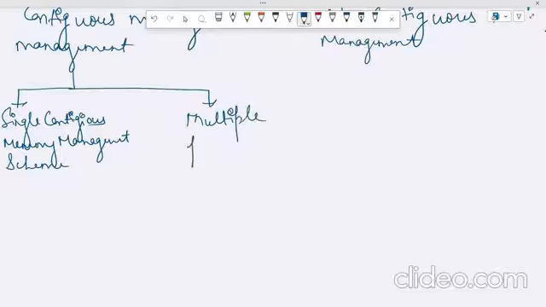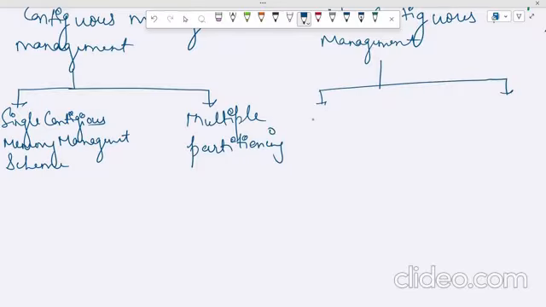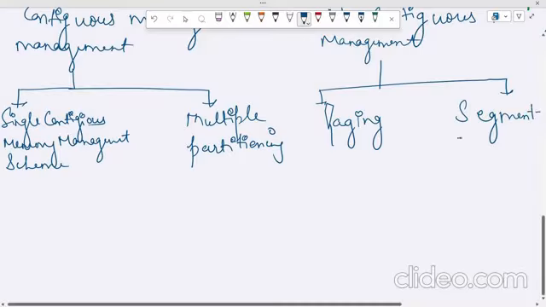Similarly, non-contiguous is also divided into two parts: first is called paging, and the other is called segmentation.